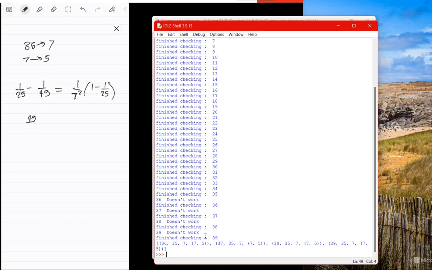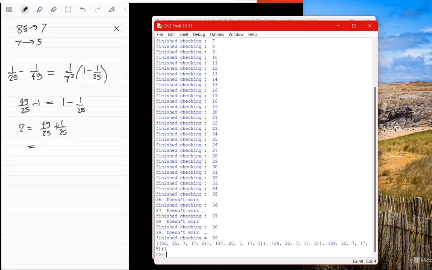So 49 upon 25 minus 1 is equal to 1 minus 1 upon 25. So that's like 2 is equal to 49 upon 25 plus 1 upon 25. Is that correct? Actually, yeah, because 50 upon 25 is 2. So of course it is correct. And then just backtrack the thing and you will see that this actually does work. Or you could just figure out the LHS and RHS values.